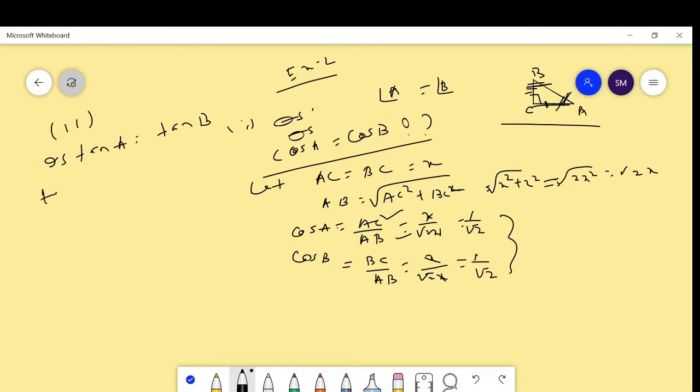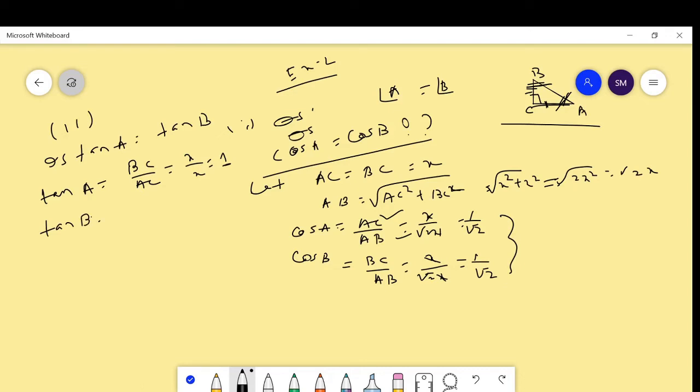Let us see. Tan theta is P by B, means perpendicular upon base. This tan A is BC upon AC, which is equal to x upon x, which is equal to 1. Yes, tan A is equal to 1.